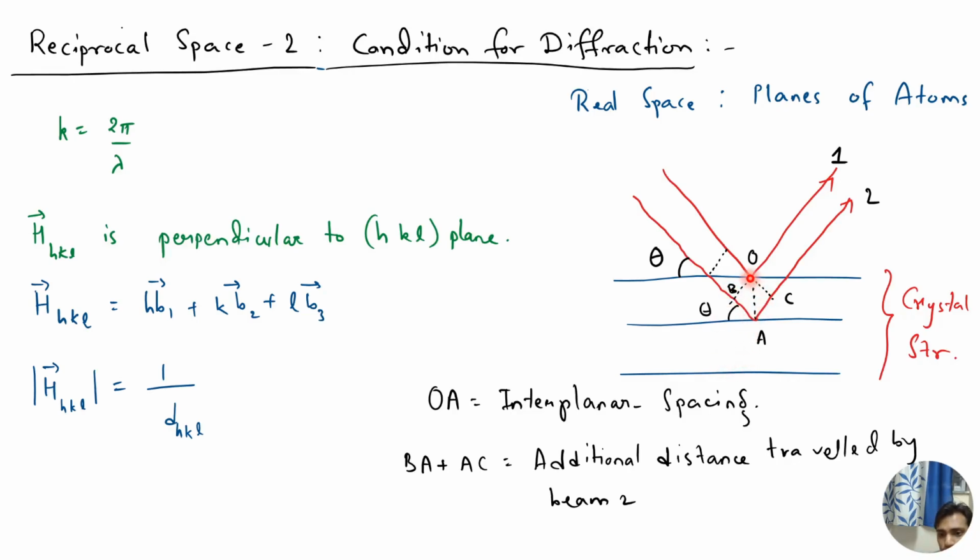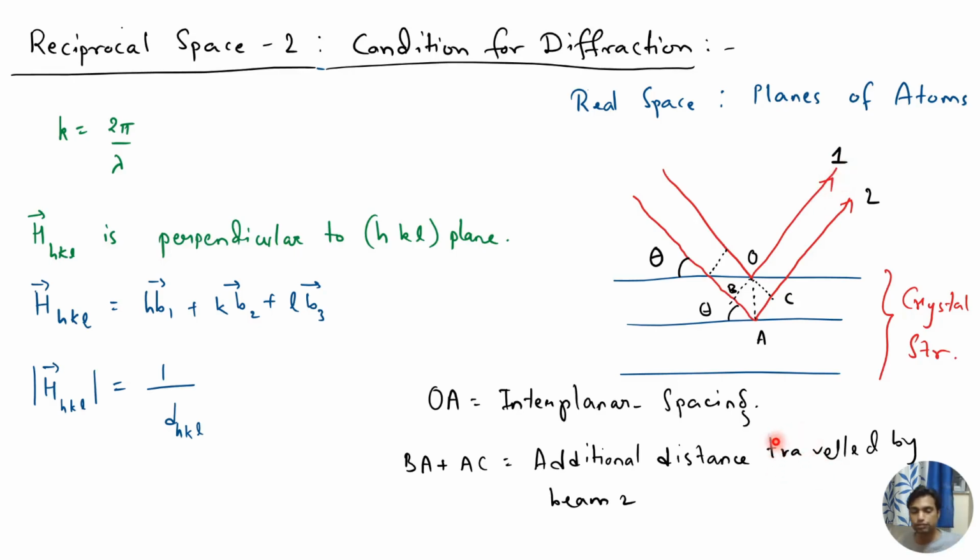Now what we want to find out is, suppose we have a detector here, whether we will see a signal here or not. So what is the strategy to do that? The way to do that is to see when beam 1 and beam 2 are interfering constructively with each other. To determine that condition of constructive interference, we need to know what is the extra path beam 2 has taken with respect to beam 1.